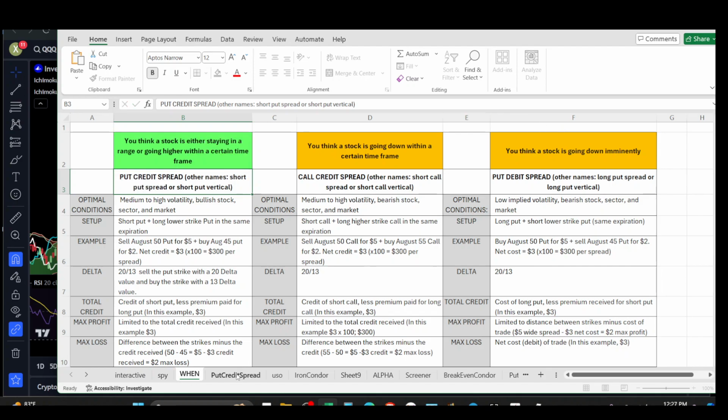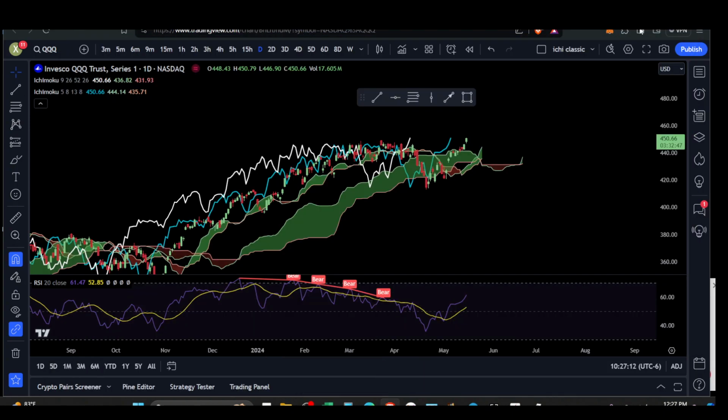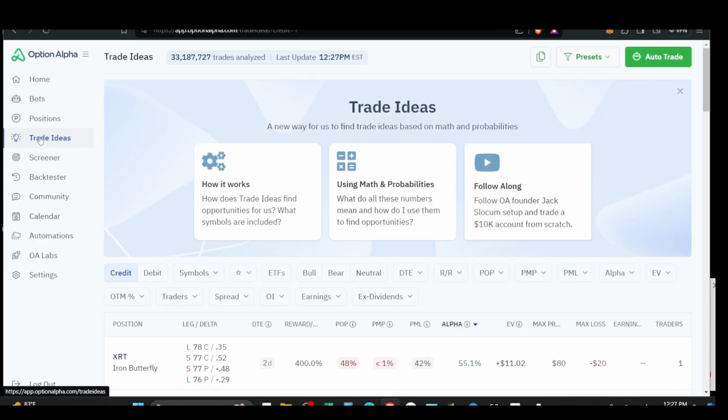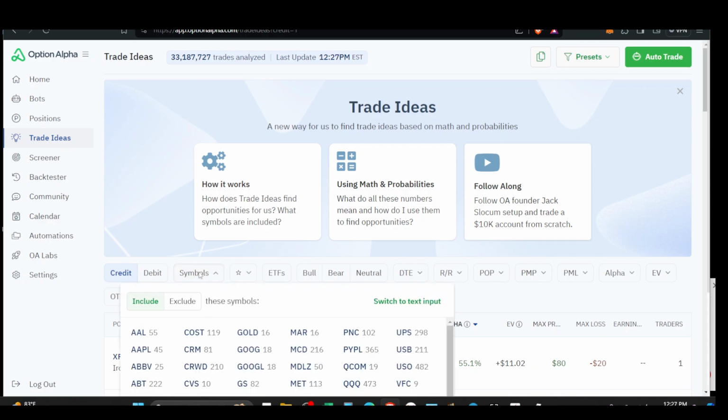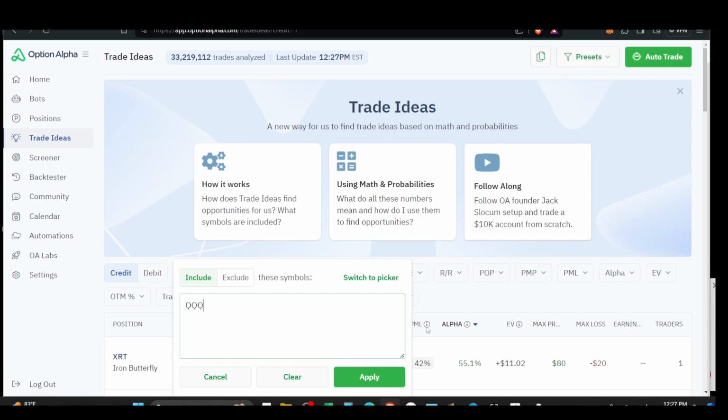If you don't know what a put credit spread is, there are a gazillion videos, but it has to close above break even, probably somewhere around here for 37, and I can go further up high. And if I see something like this, then I would of course go back to the trade ideas, use the symbol, type in QQQ and see what I have.